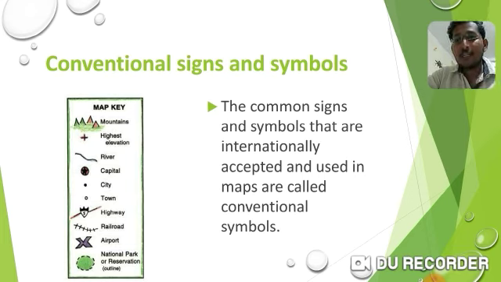Secondly, it is very convenient and easy to note down in the map. So we use conventional signs and symbols so that every map will have a legend or key to explain its conventional signs and symbols. And these conventional signs and symbols can be grouped into 7.